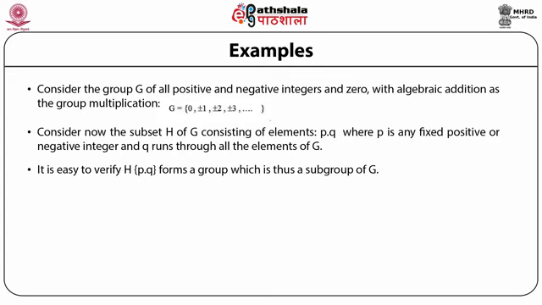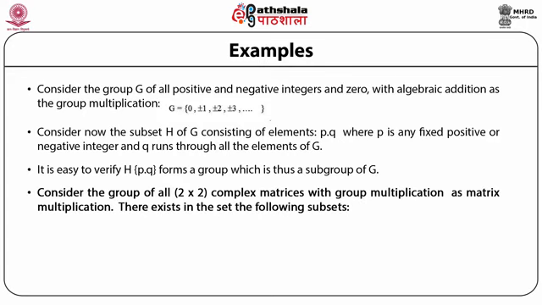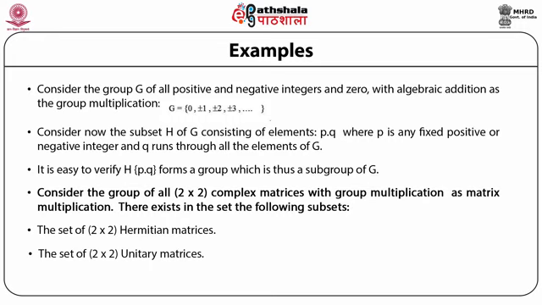Example 2. Consider the group of all 2 by 2 complex matrices with group multiplication as matrix multiplication. There exist in this set the following subsets: A, a set of 2 by 2 Hermitian matrices; B, a set of 2 by 2 unitary matrices; and C, the set of 2 by 2 unitary matrices with determinant plus 1.